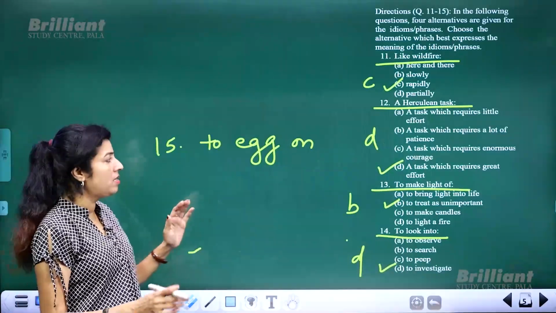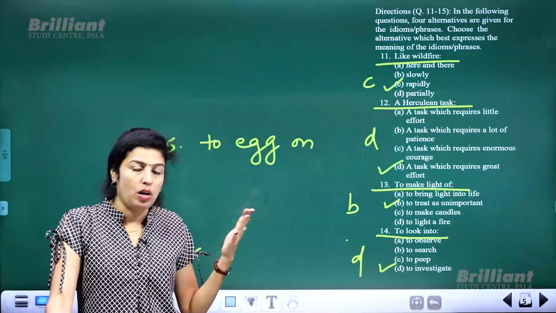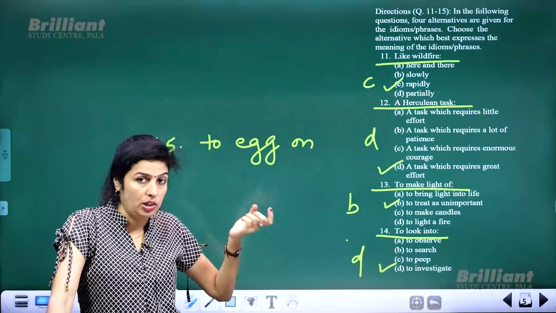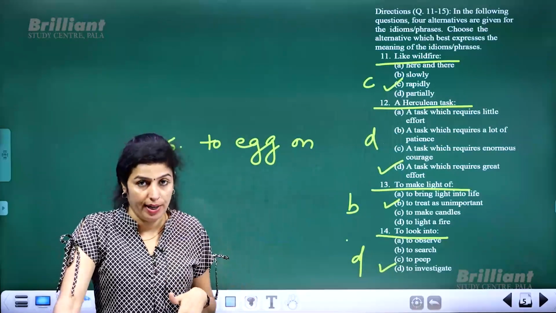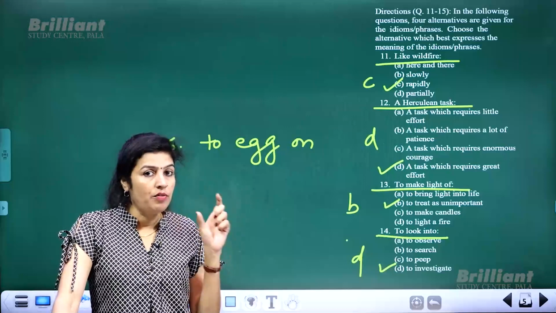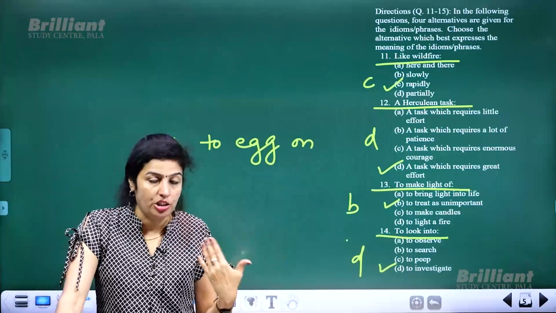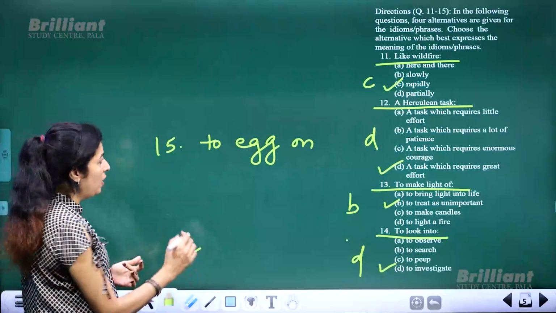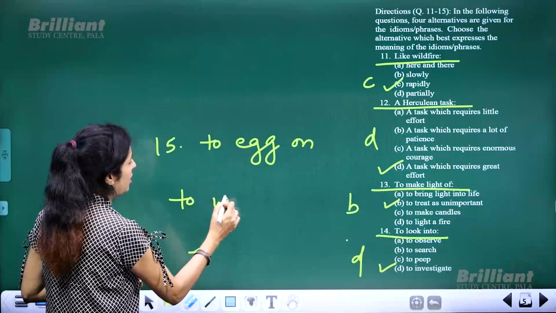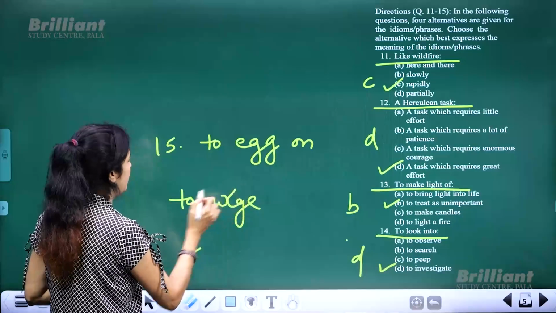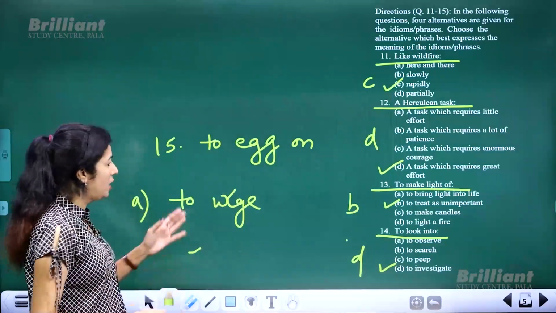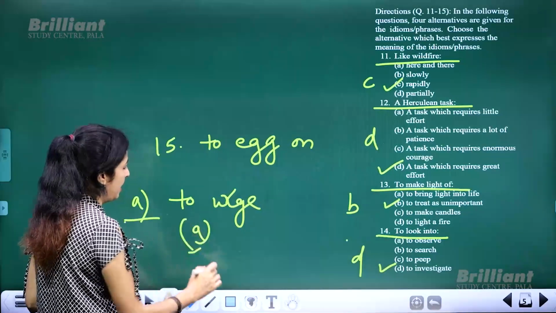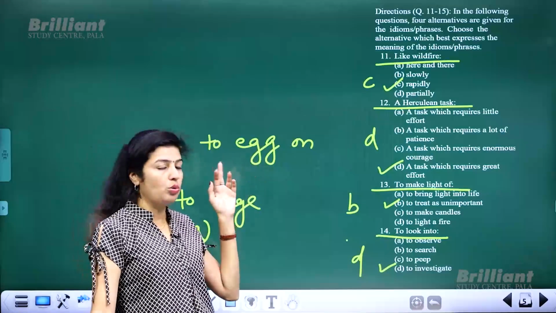To egg on means, when you use this phrase in your sentence when you speak or write, that the meaning will be to urge, to compel. So, the meaning of to egg on is to urge. If my memory is correct, it is option number A. I am giving the option number also. Option A is the correct answer, to urge and to compel.